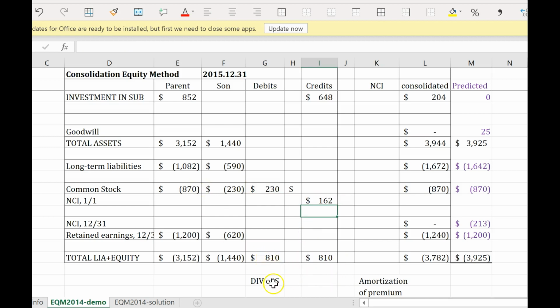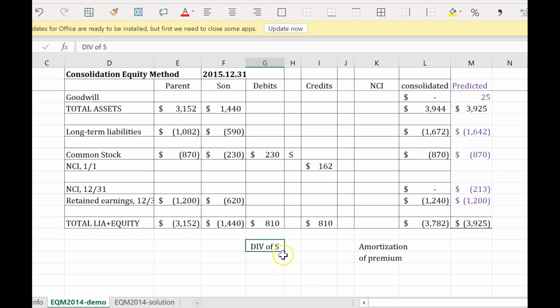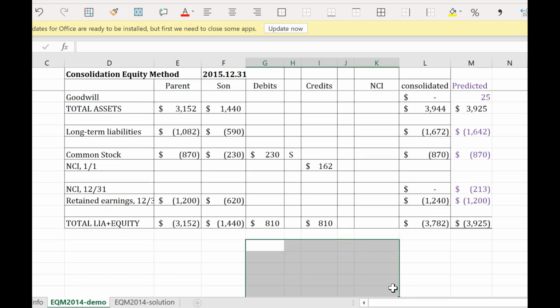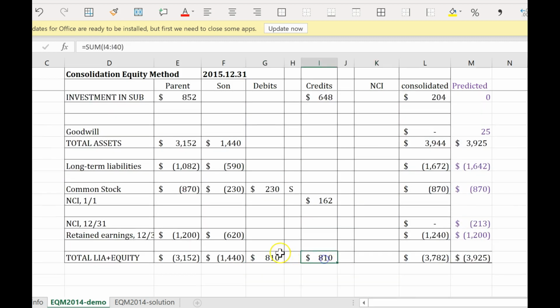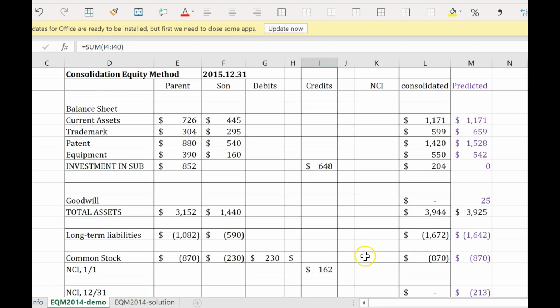Now, when I'm doing my debit and my credit, they are the same amount. That's the S entry. So for the S entry, again, it's the common stock, APIC, and retained earnings at the beginning. On the debit side, I'm adding all the debits up together, crediting 80% of that number to the investment account and 20% to the NCI account at the beginning.